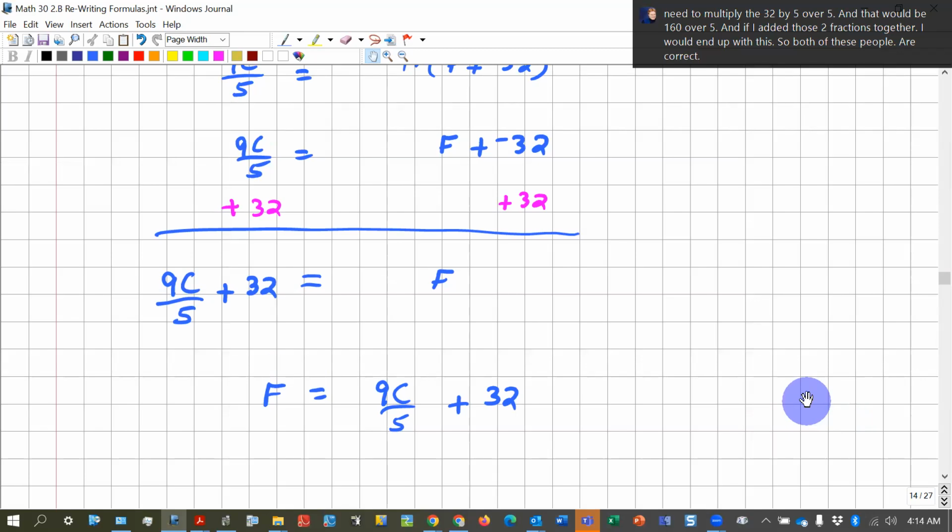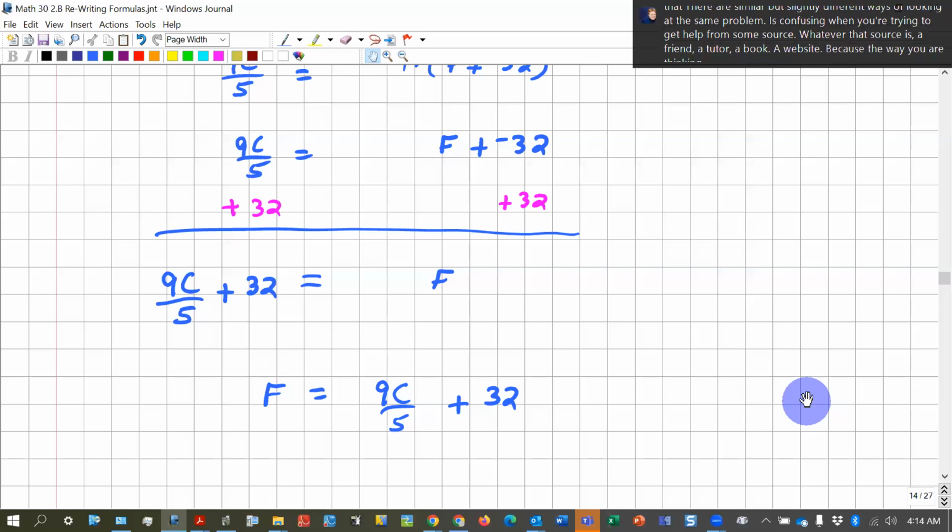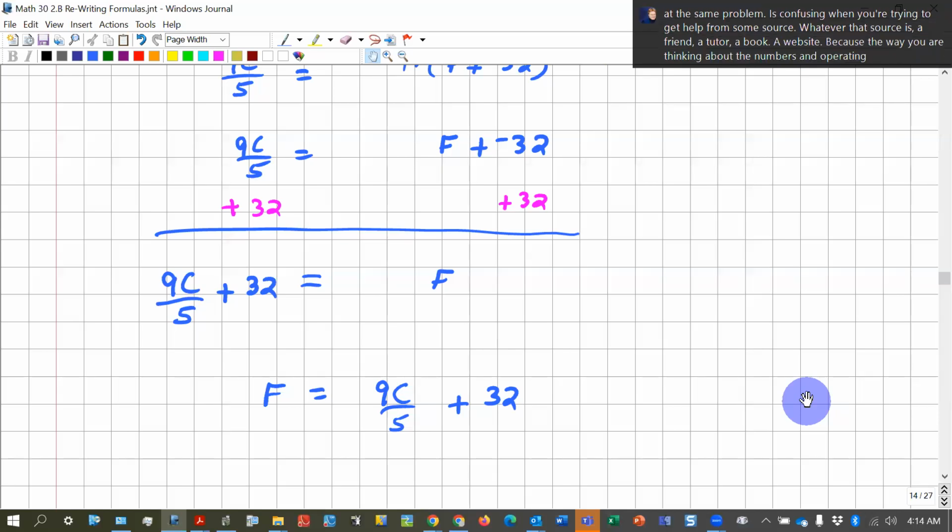Sometimes the fact that there are similar but slightly different ways of looking at the same problem is confusing when you're trying to get help from some source, whatever that source is, a friend, a tutor, a book, a website. Because the way you are thinking about the numbers and the operations is maybe slightly different than the way your tutor is thinking about them.